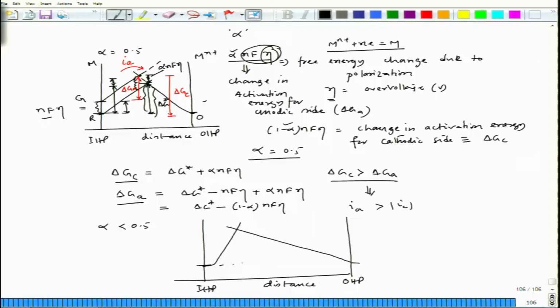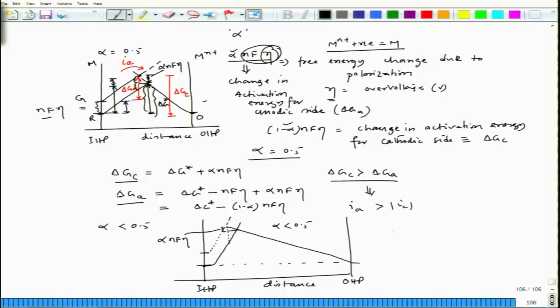This is on the same plane, and then if we have the same situation, that I A is increasing. Now, you could see that alpha is less than 0.5, since this part is alpha nFη.